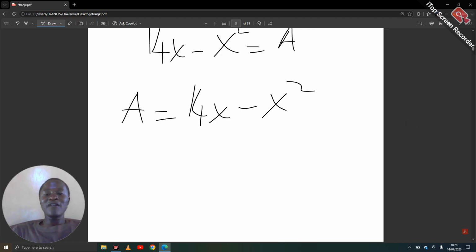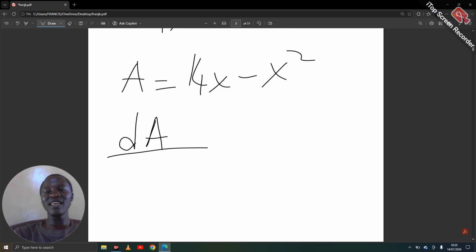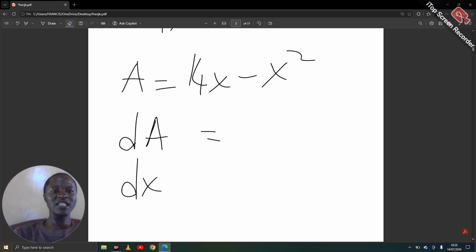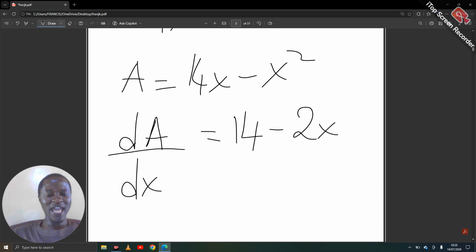For us to differentiate this, we are differentiating the area over the variable, which is dx. So upon differentiating this, that is dA over dx, we shall have 14 minus 2x.